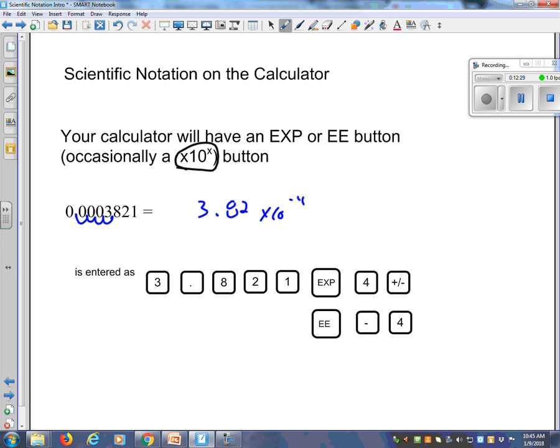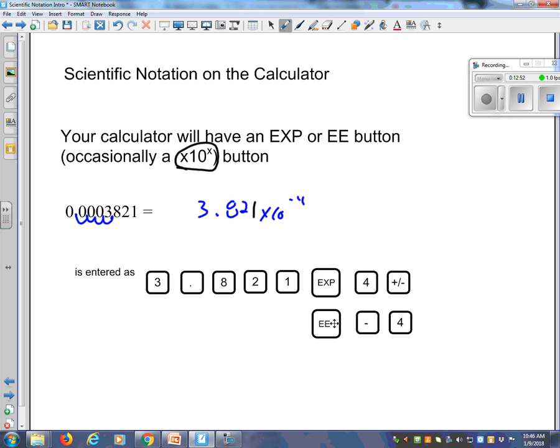So how do you do that on your calculator? Here are the buttons to press. Do it with me: 3.821, and then you press the EXP or the EE button.